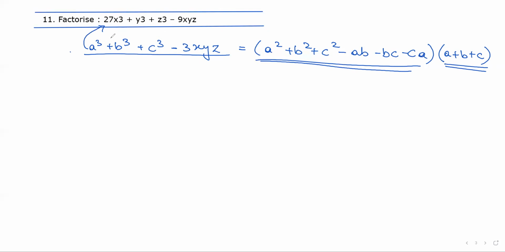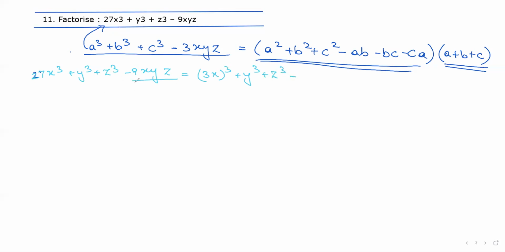Let's correlate your left hand side with the formula. 27x cube in place of a cube means you have to represent 27x cube in terms of a cube. So 27x cube plus y cube plus z cube minus 9xyz can be written as, 27 is 3 cube, so (3x) whole cube plus y cube plus z cube minus.